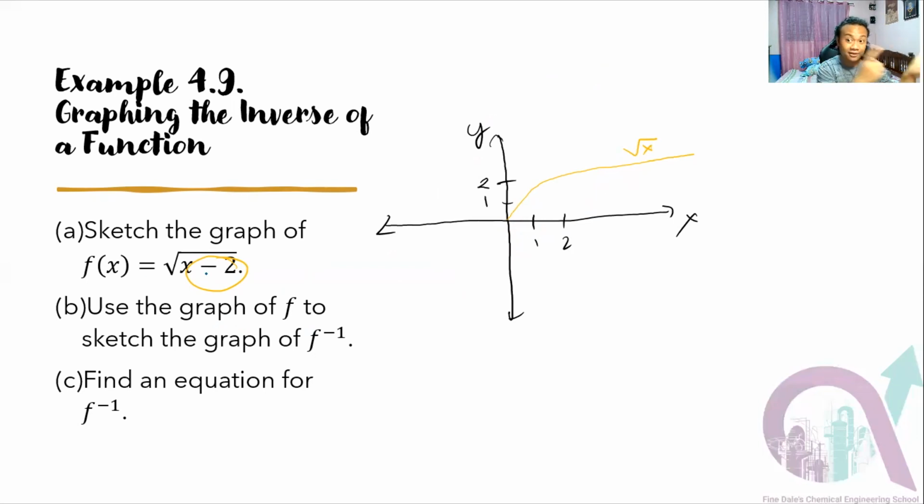If it were plus 2, it would shift to the left. So that is the graph of the square root of x minus 2.